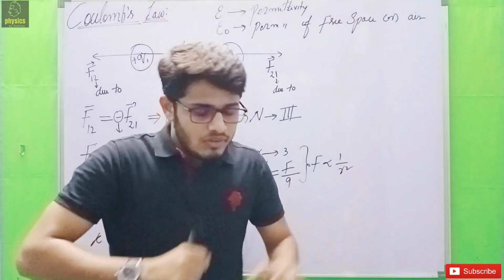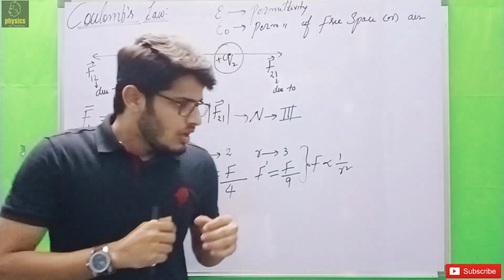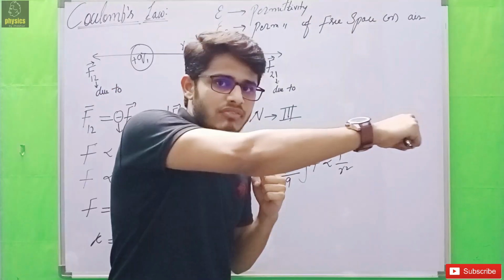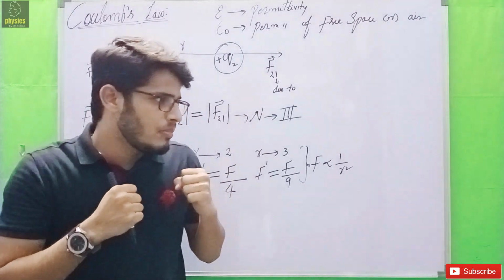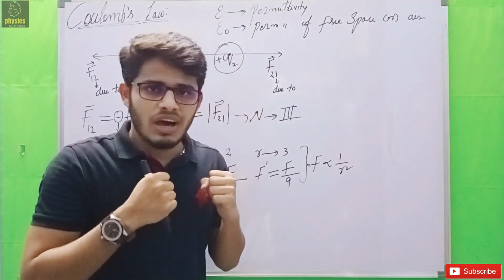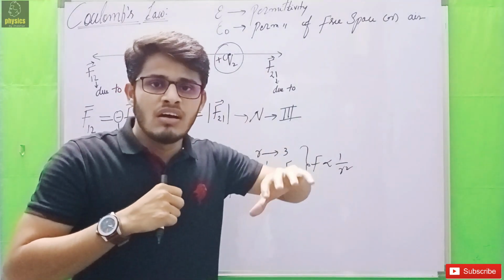For example, suppose me and another person are fighting with each other. If I hit him like this, the impact of the force will be more. Why? Because I am doing it in free space.